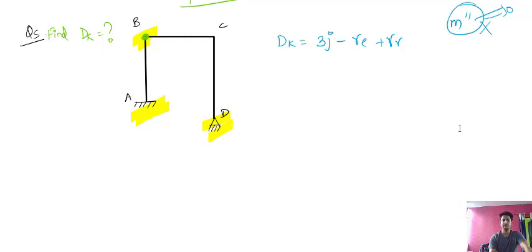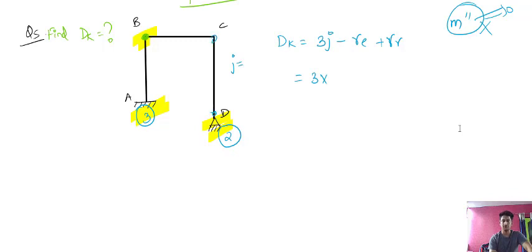So in this case, for calculating the external reactions, here will be 3, here it will be 2. So number of external reactions are 5. So value of dk will be dependent on 3 times j. J is the number of joints, so j value is 1, 2, 3, 4.